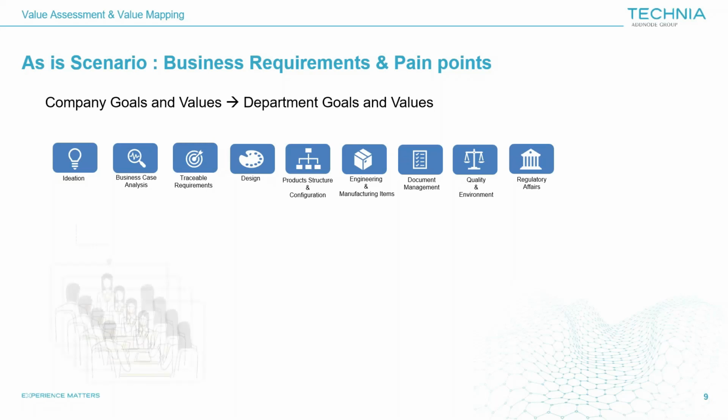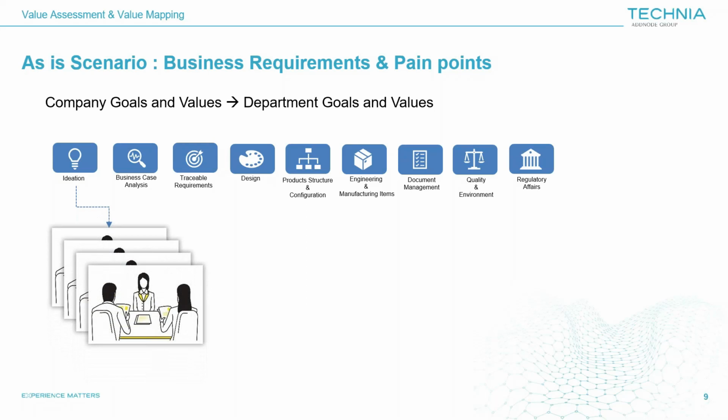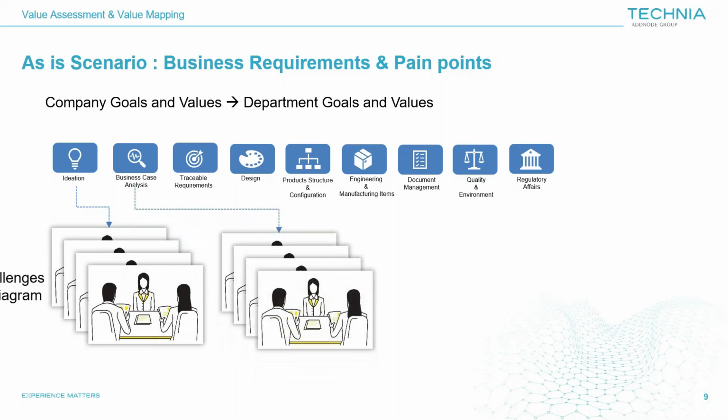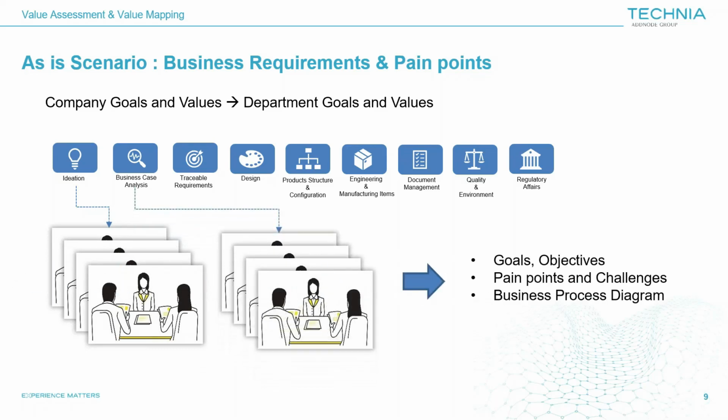Once you have that, it's an interview mode to understand what are the goals of your team basically. What are the objectives, how you can contribute to the company goals. And in order to reach that, what kind of pain points you have today, what kind of challenges you have today.